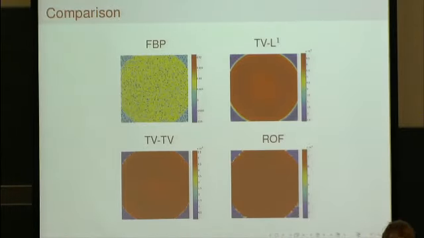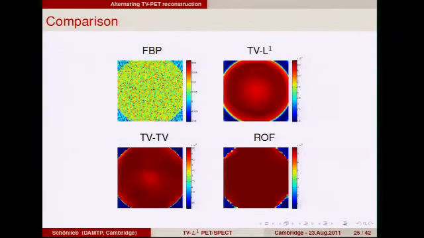So what do you see here? In the center of the disk, all of these examples look more or less similar. But you see that if you really put the effort into enhancing the edges both in image and projection space, the edges are much nicer resolved when you do this kind of double regularization procedure.